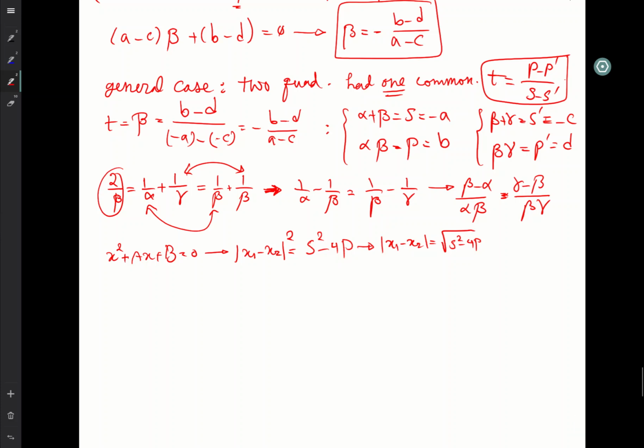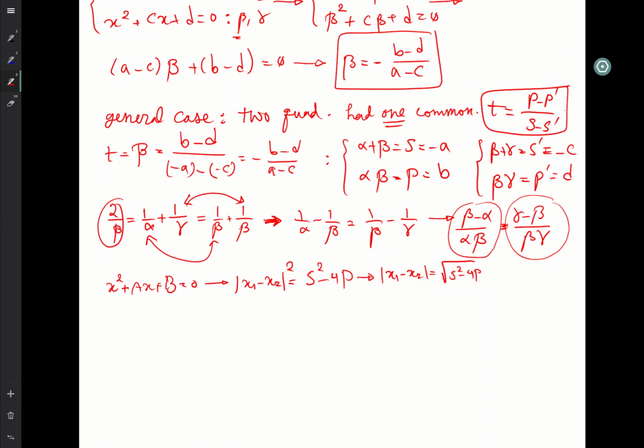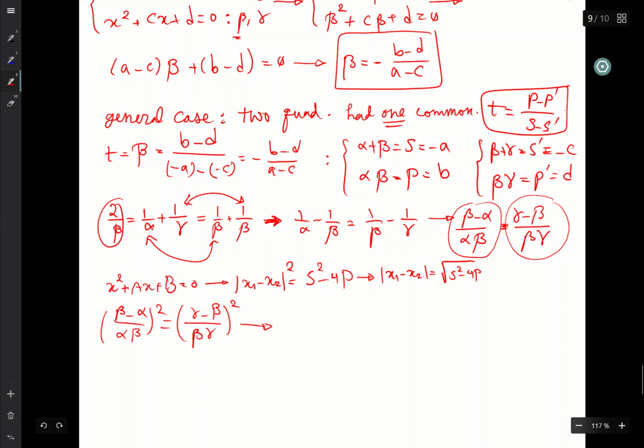So for the first quadratic equation I have the difference of the two roots and the product. For the second one, the same thing, and let's just square it. So (beta minus alpha) over alpha beta, squared, is (gamma minus beta) over beta gamma, squared, right? And beta minus alpha squared, from the first equation, is s squared minus 4p, divided by p squared, which is equal to s prime squared minus 4p prime divided by p prime squared.